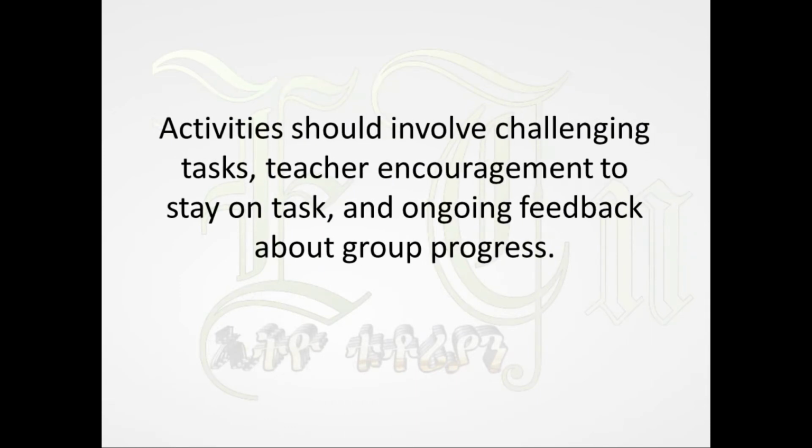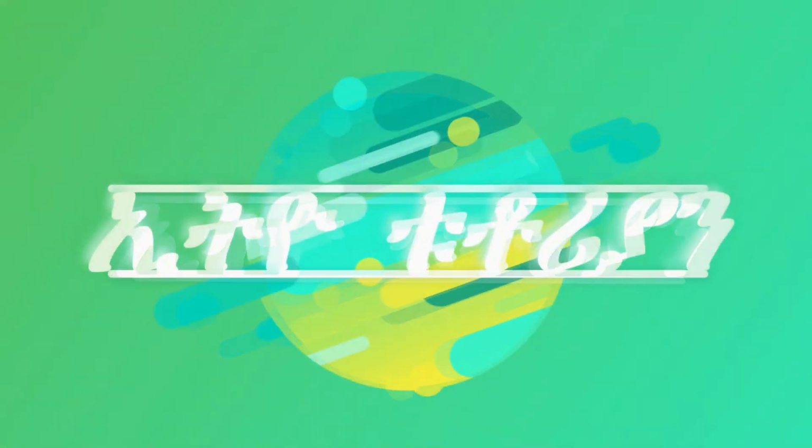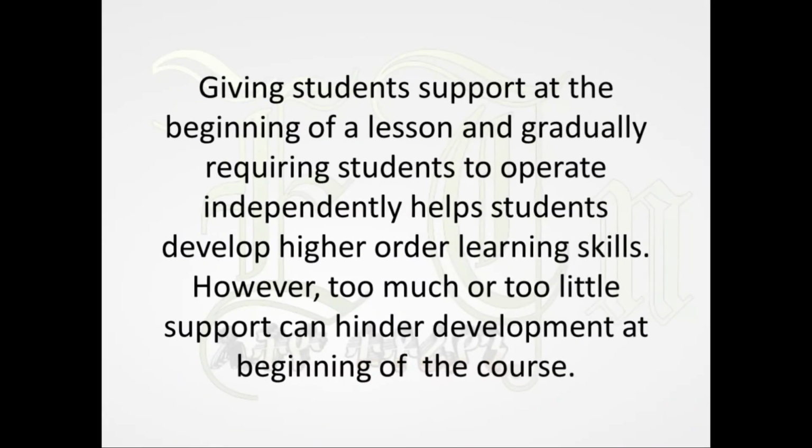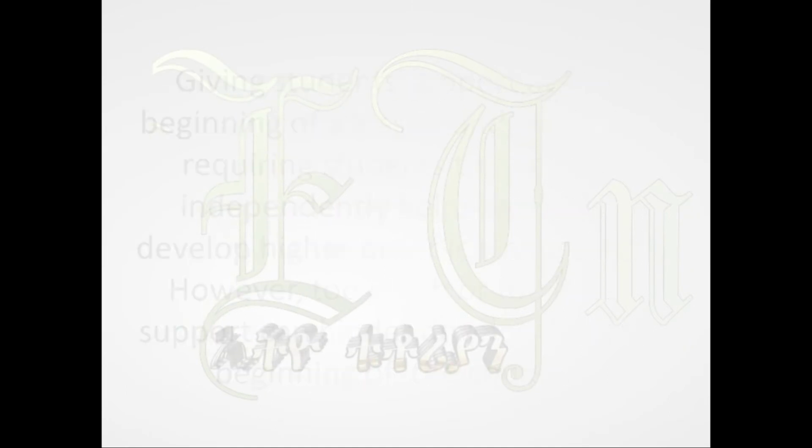Activities should involve challenging tasks, teacher encouragement to stay on task, and ongoing feedback about group progress. Giving students support at the beginning of a lesson and gradually requiring students to operate independently helps students develop higher-order learning skills. However, too much or too little support can hinder development at the beginning of the course.